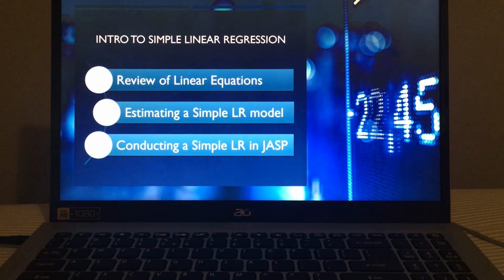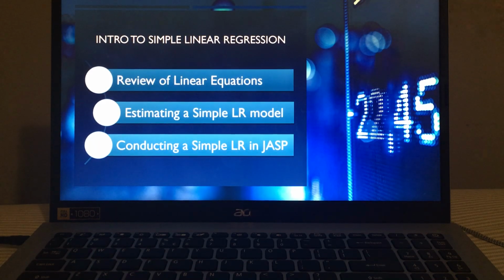Then we have our big X subscript i, which is the value of x, our independent variable, for the ith individual. Our y-intercept is beta subscript 0, and the slope is beta subscript 1.